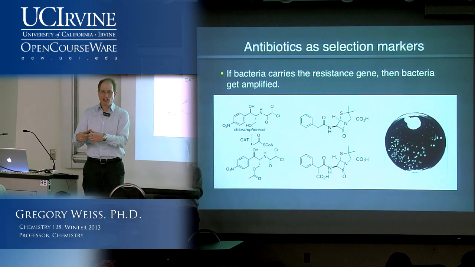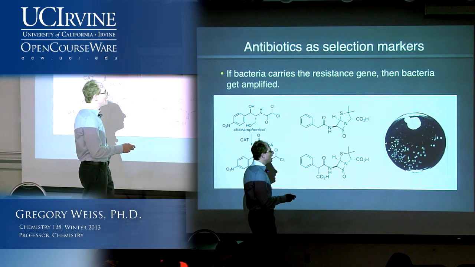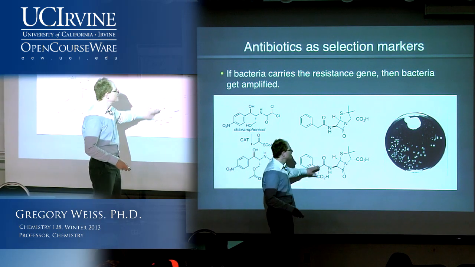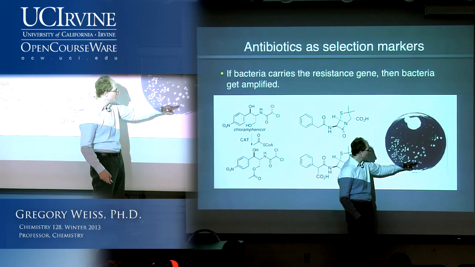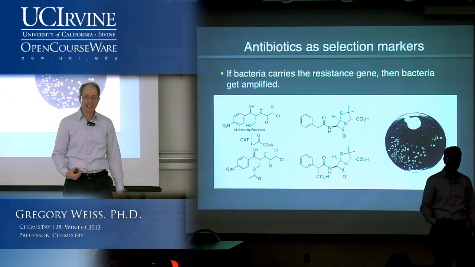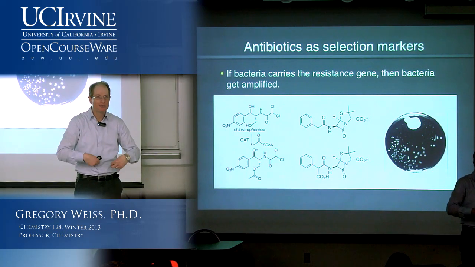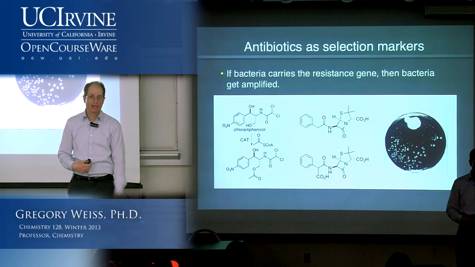It's basically just a polymer, and inside this agar plate we'll have some concentration of one of these antibiotics. And so the only colonies, and each one of these circles is a colony, that appear on this plate are bacteria cells that have taken up the plasmid, because now those cells are resistant to the antibiotic.